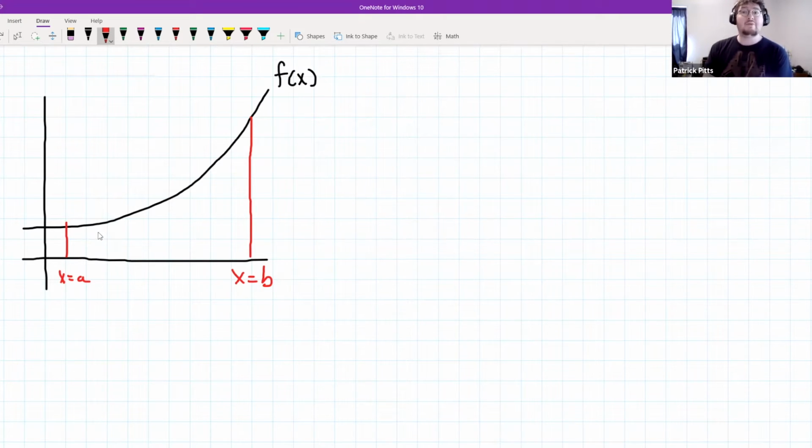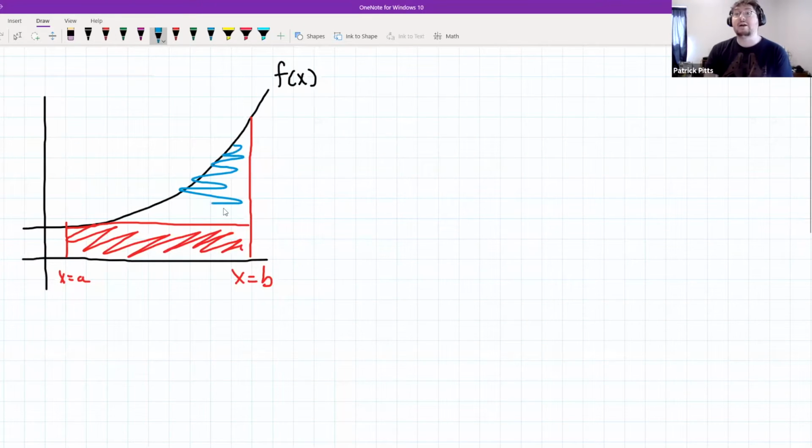Well, one way is to say it's kind of a rectangle. I mean, it's a bad rectangle. Let's say this rectangle here is the area under my curve. I know I have all this extra area up here, but we're guessing. So what's the area of this rectangle?